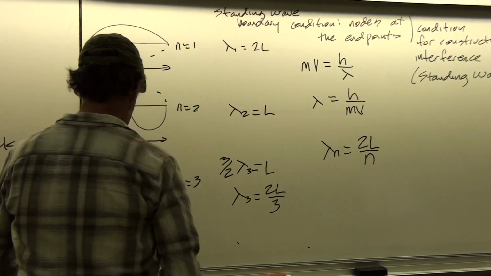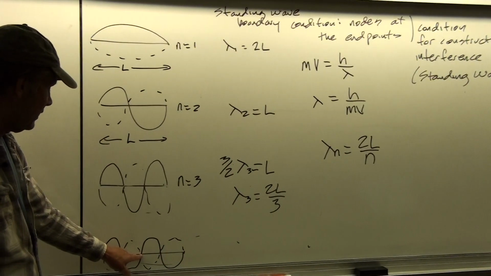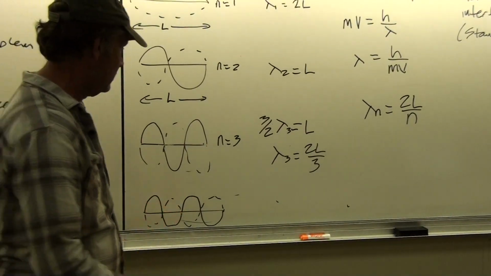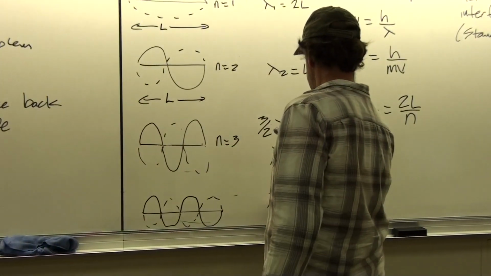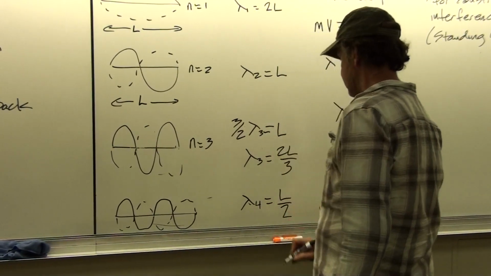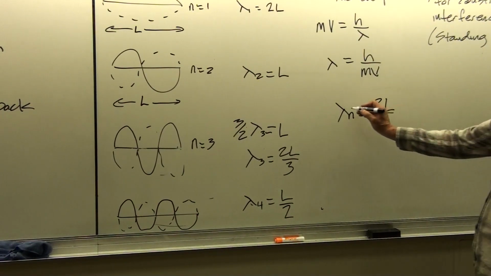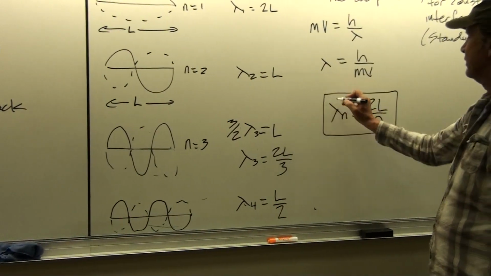Right? So that means that the wavelength is just going to be 1/2 of the length of the box. Okay, so this is our expression for lambda.